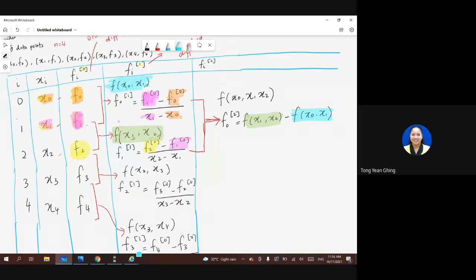Selepas dah dapat daripada sini lah. So sekarang we consider x0, x1, x2. So become x2 minus x0. So sebenarnya nilai yang kita dapat daripada tadi adalah f1 1 minus f0 1 divided by x2 minus x0. Sampai sini boleh faham tak?